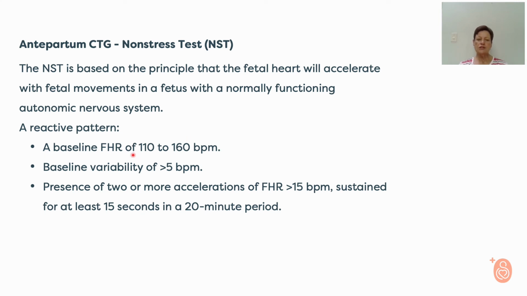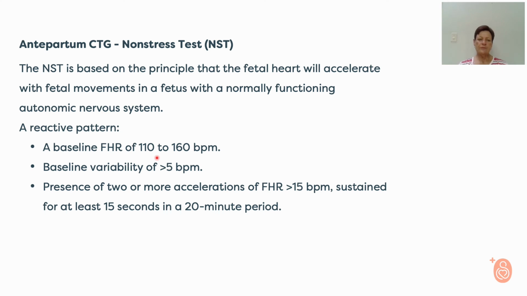We get good baseline variability of more than 5 beats per minute, which tells us that the parasympathetic and the sympathetic nervous system get enough oxygen, because we said that if they get enough oxygen, there's usually good fluctuation between the parasympathetic and sympathetic nervous system, and that's where the variability comes from.